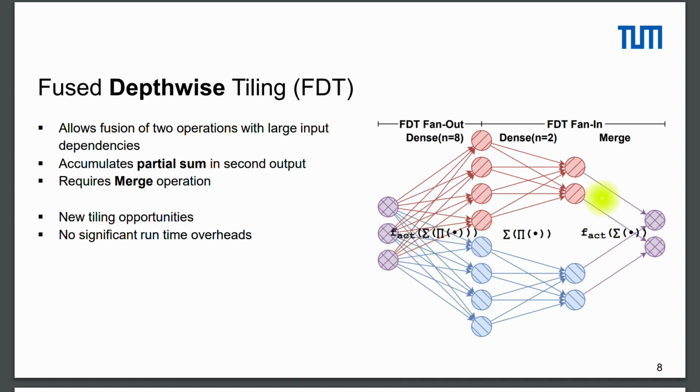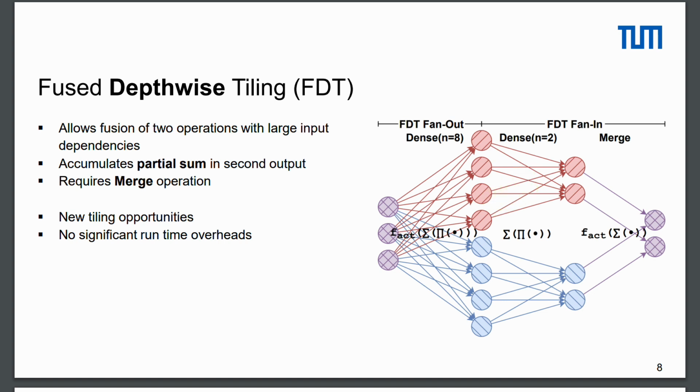But then for the second layer, we have this problem that we would need all these 8 inputs to fully compute them. However, we can still partially compute them by doing this sum of product of the partition that we are currently looking at.